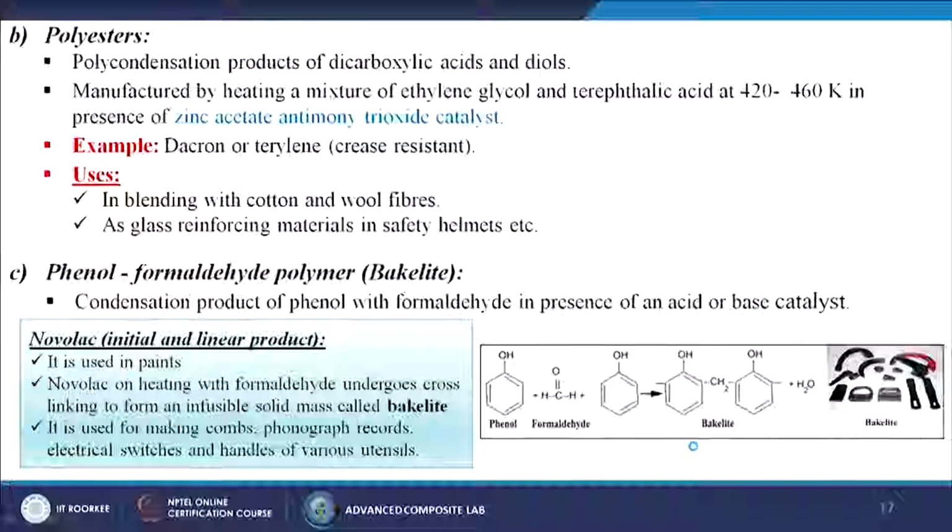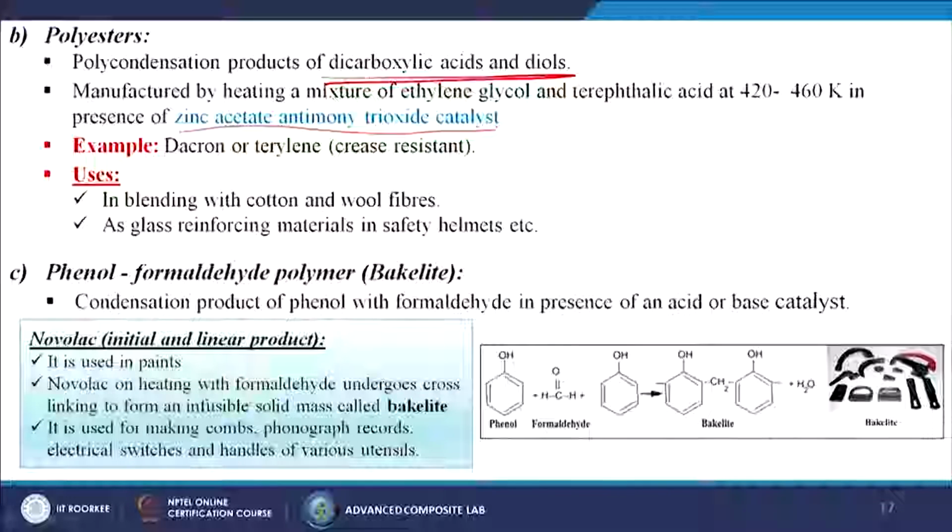Then another example is the polyesters. From the name itself, we can assume they are polycondensation products of dicarboxylic acids and diols. Terylene is manufactured by heating a mixture of ethylene glycol and terephthalic acid at 420 to 460 Kelvin in the presence of a zinc acetate and antimony trioxide catalyst.